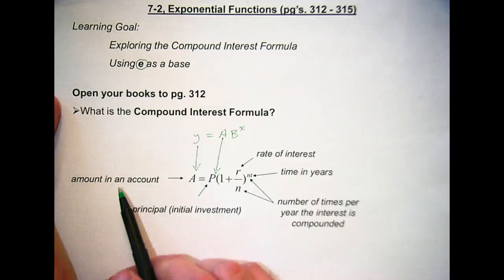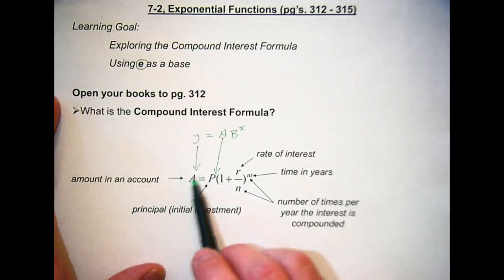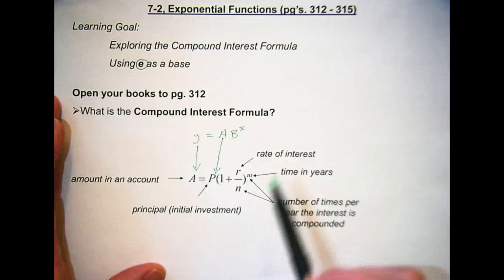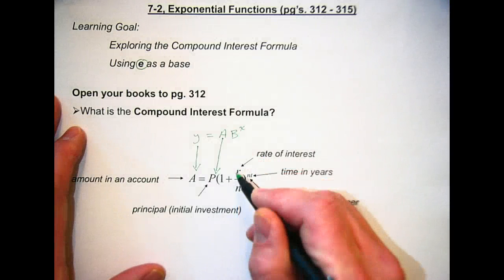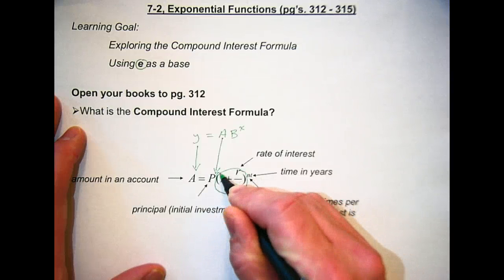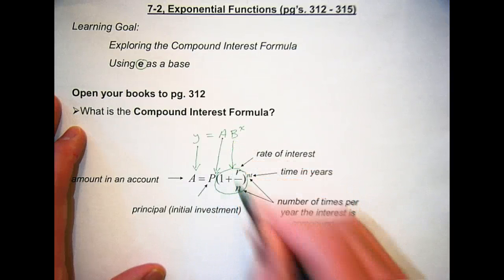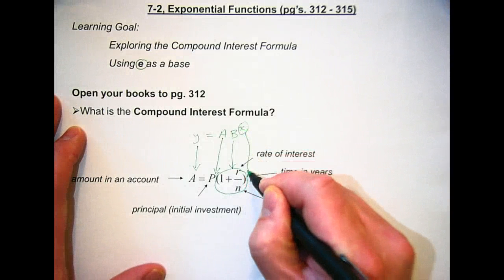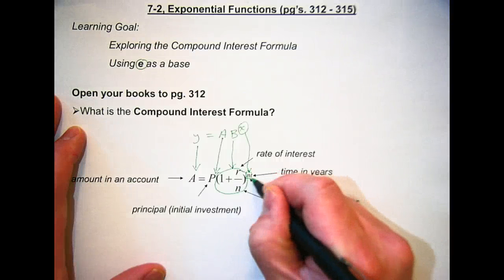This stands for the amount in our account, our output, after we've done all this stuff to our input. B stands for our base, this right here, that whole thing. And then x is that right there, the n to the t, or nt power.